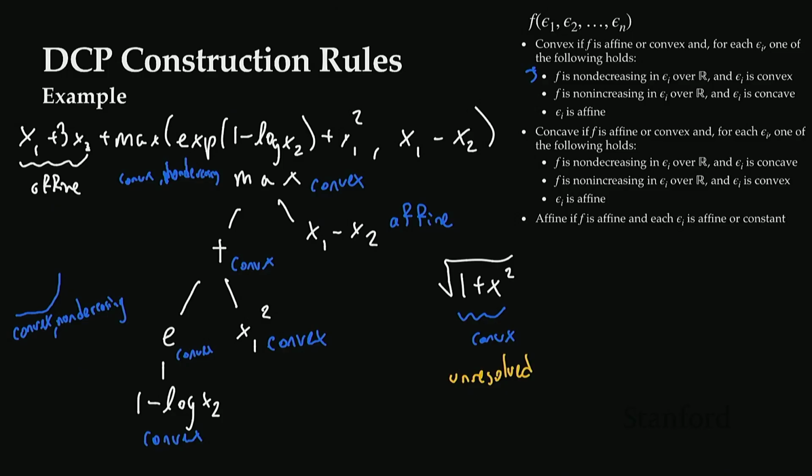Now what about the equivalent problem of norm 1 comma x? You have that 1 is constant, x is affine, norm is convex and non-decreasing in each of these elements. So by that, these things are resolved by DCP, and now this is convex.